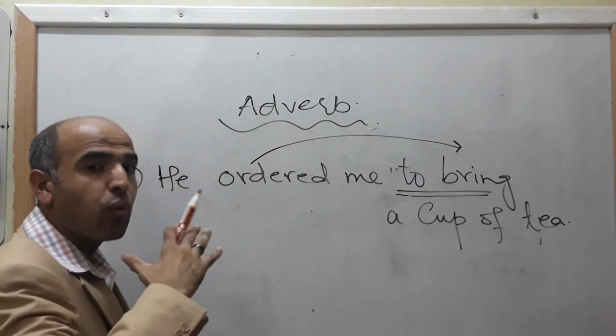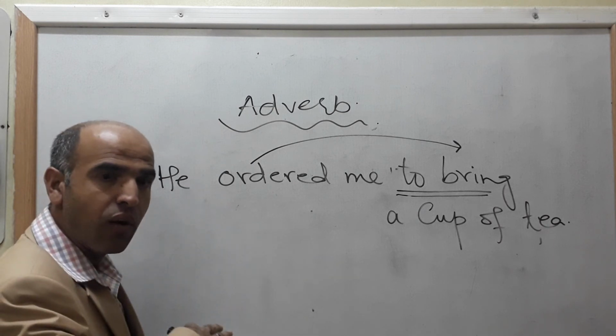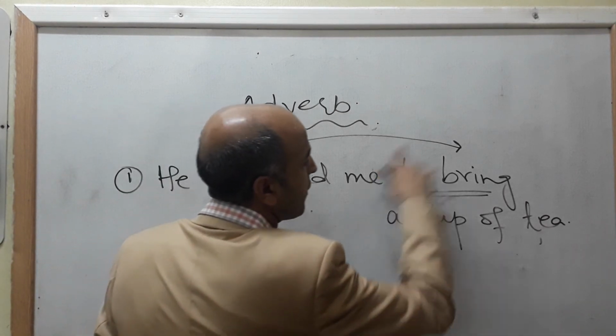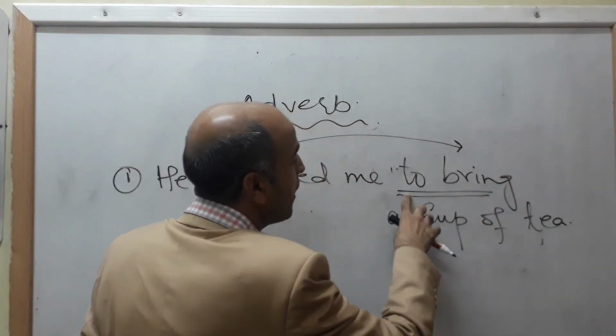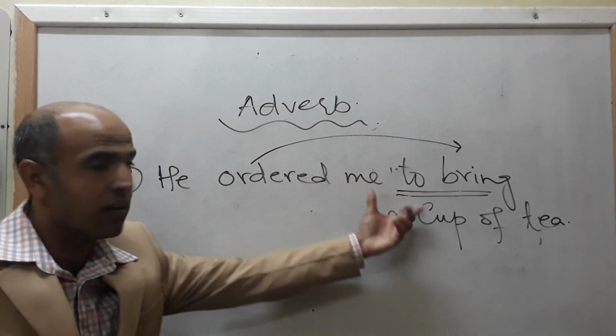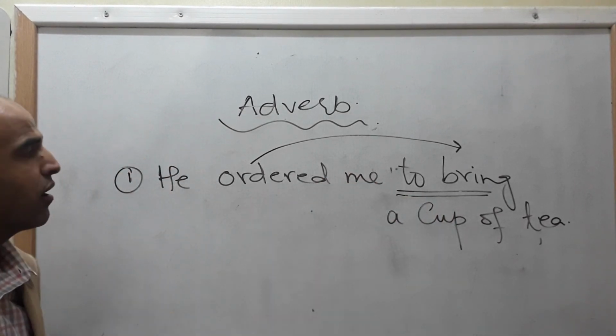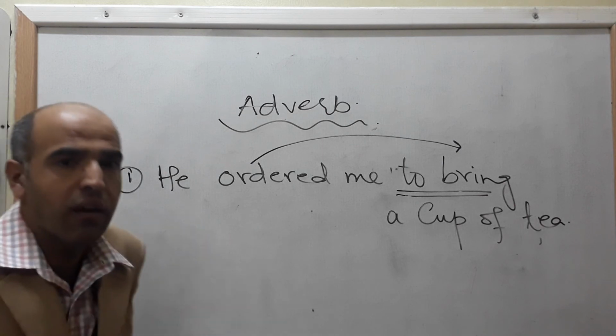When your verb is modified, when your verb is magnified, that is called an adverb. Here to bring is your adverb. Why is it so? Because it is giving more meaning to your verb. He ordered me to bring.